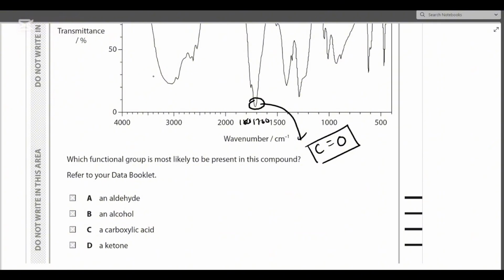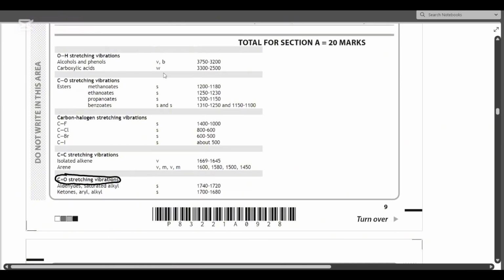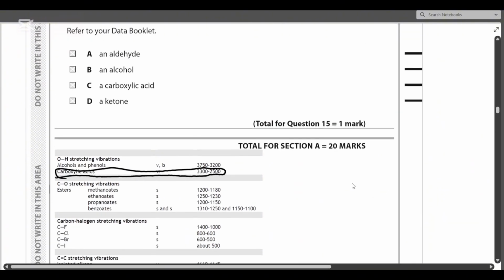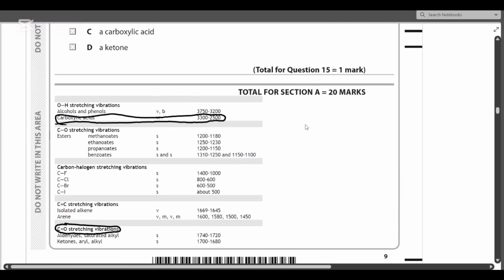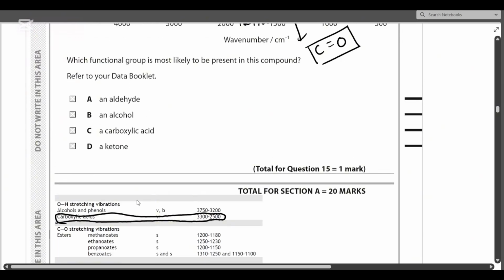If I look from here, you can see from 3000 to 3100 there is this transmittance, and we can see that this falls within the carboxylic acids group, right? And if there's anything else, we can also see that this is the one, and it may also be alcohol and phenol. The main thing is that we can also signify there is the presence of OH stretching vibrations as well.